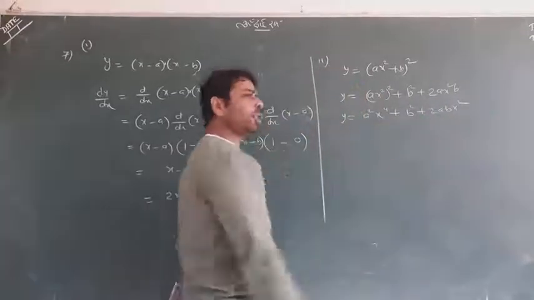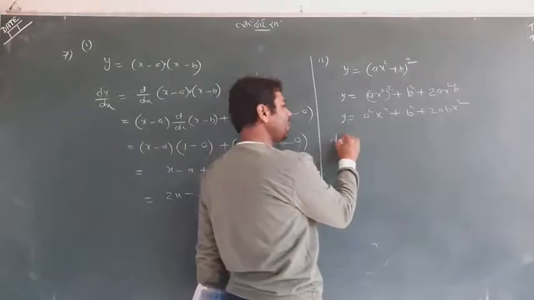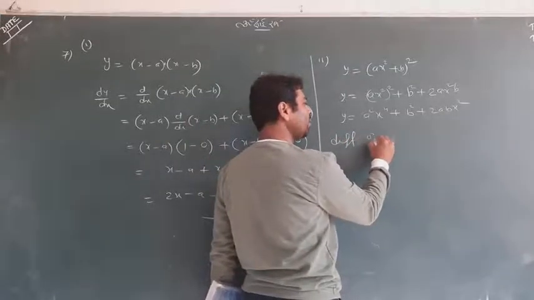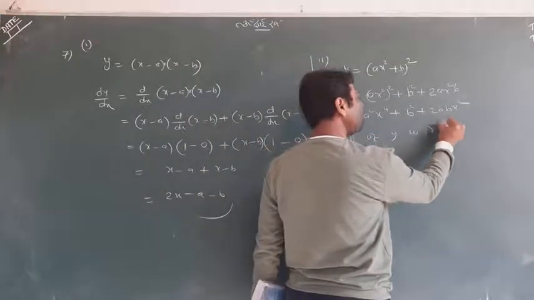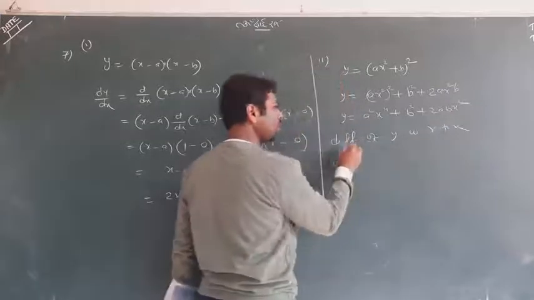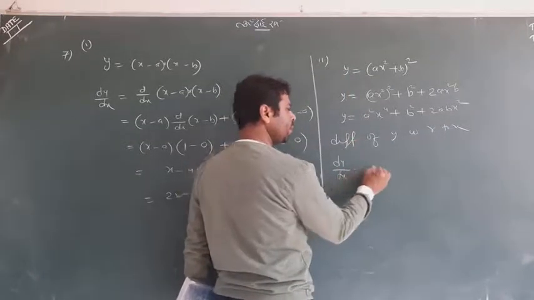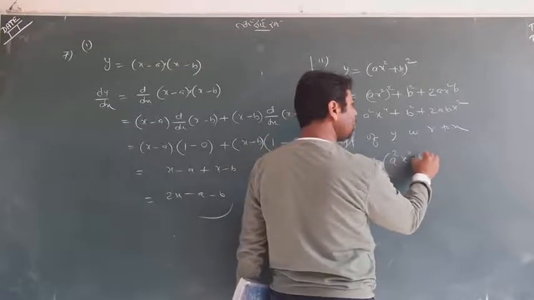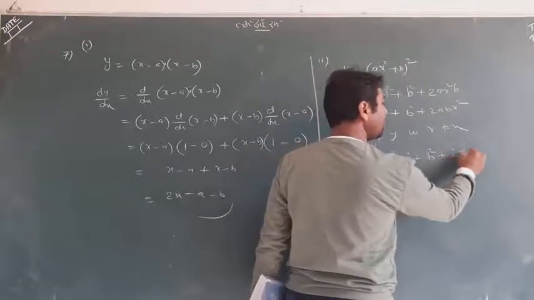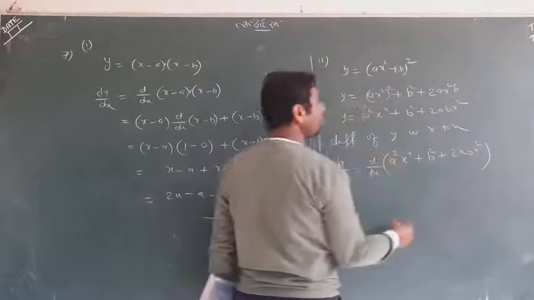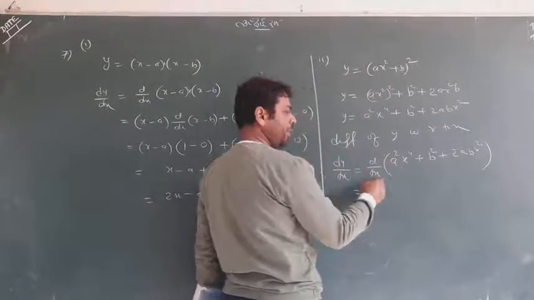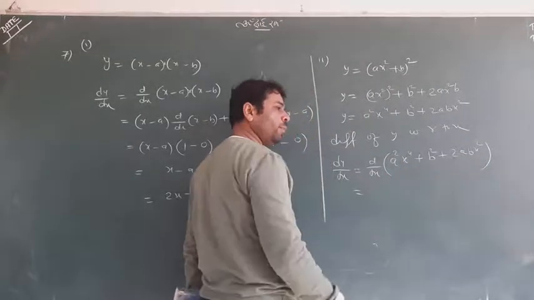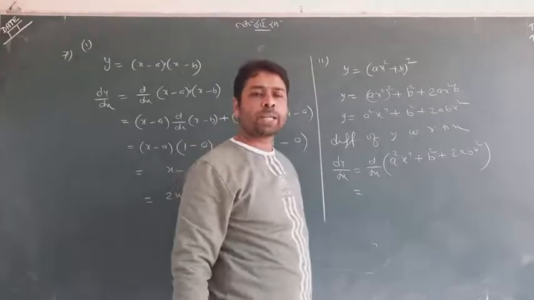Now we have a simple function, so we can differentiate. The differentiation of y with respect to x is dy by dx of a squared x to the power 4, b squared, and 2ab x squared. Now what will we do? d by dx will operate on all the terms because the terms are in addition.